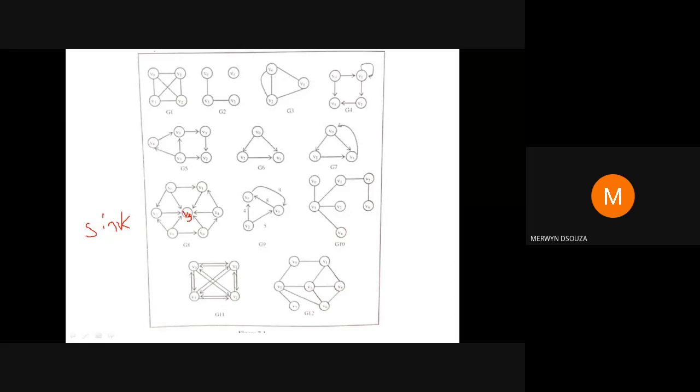It has no outgoing edges. All the edges are incoming. So V3 is the example of a sink. All the edges are only incoming, no outgoing edges. That is known as a sink. In other words, the out degree of that vertex is 0.